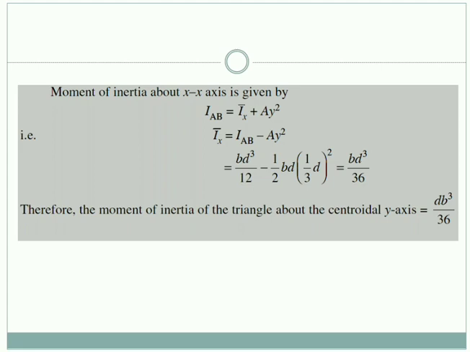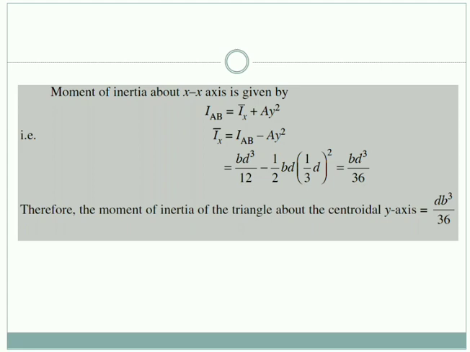So if we are solving for a triangle and we want to find the moment of inertia, the procedure is, first we find the moment of inertia about the base, then apply the parallel axis theorem, and then we get the moment of inertia about the horizontal axis as bd cube by 36. If you perform a similar exercise about the y axis, you will get the moment of inertia as db cube by 6.